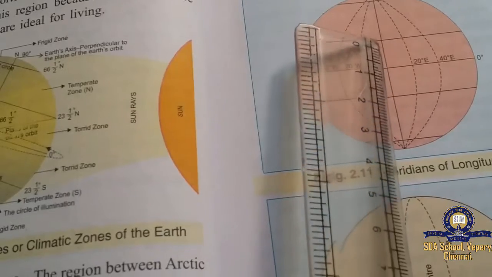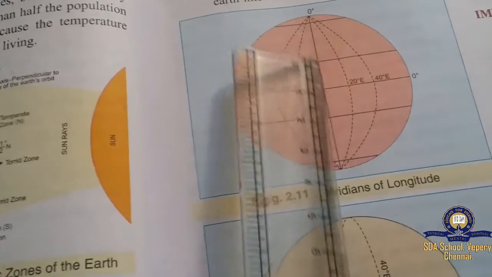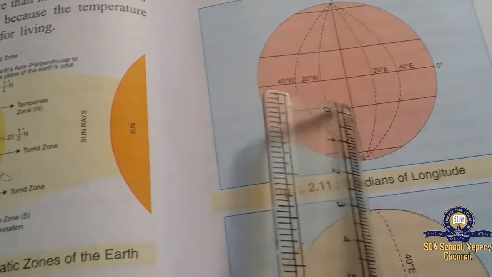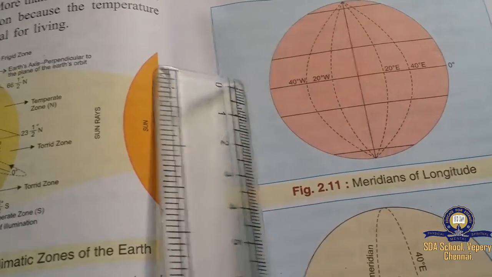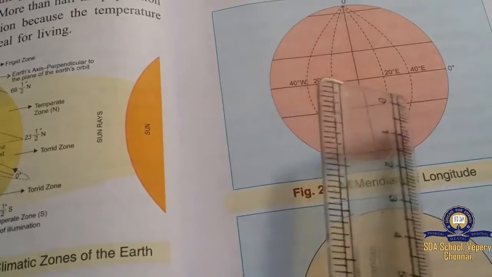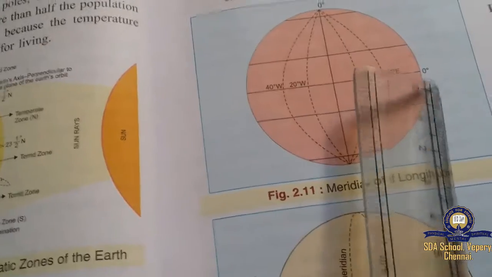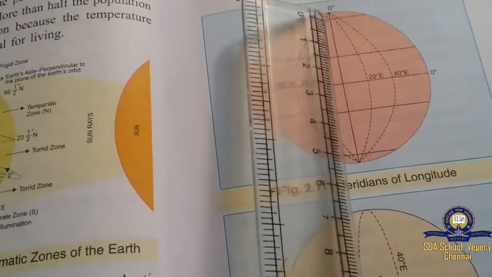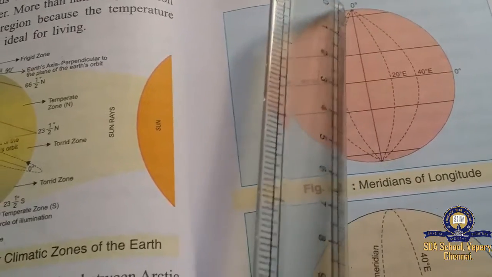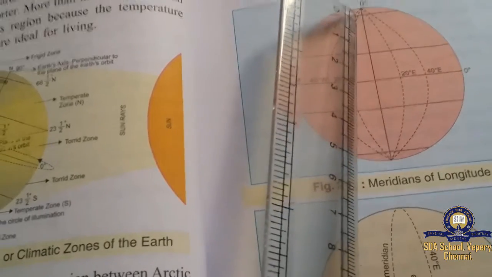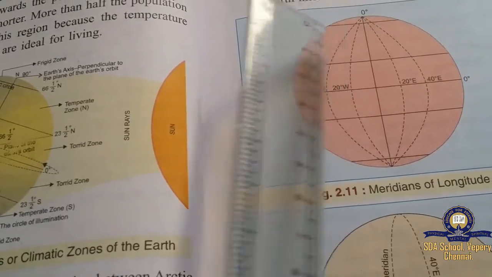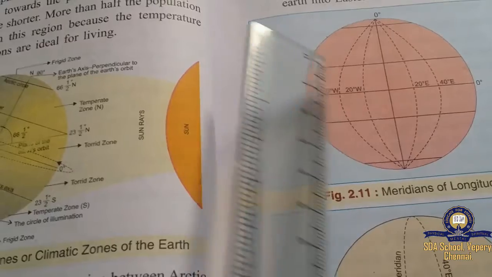This is a straight line. From there, this side we call west hemisphere, this side we call east hemisphere. From there we can make a degree. Okay, this is 0 and the end will be 180.